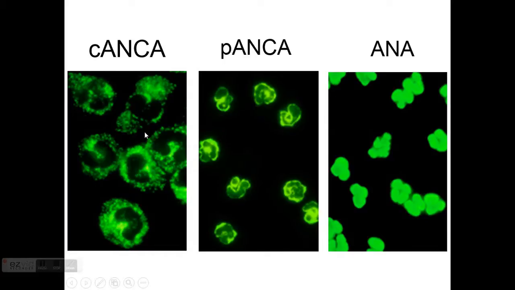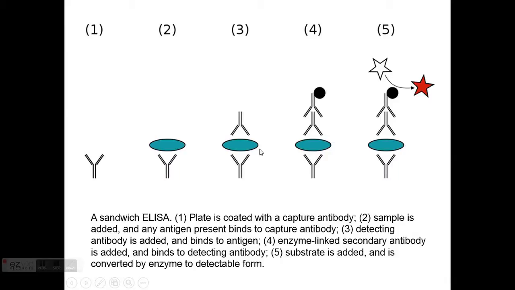So if the distribution is cytoplasmic, you will call that C-ANCA, and if the distribution is perinuclear, you will call that perinuclear or P-ANCA. And here is also an example of how ANA looks on immunofluorescence. So as you can imagine, this is not read by a machine, but read by technicians, and sometimes you can have some subjectivity actually involved with the reading.